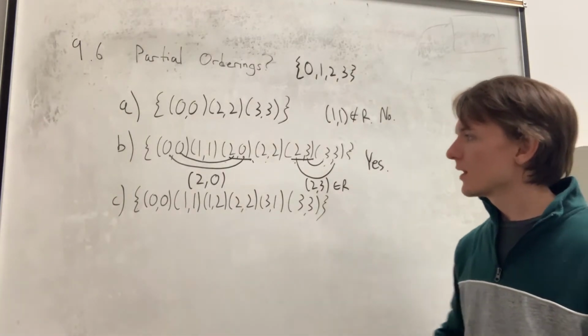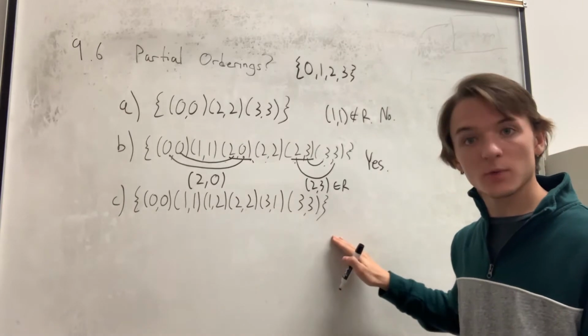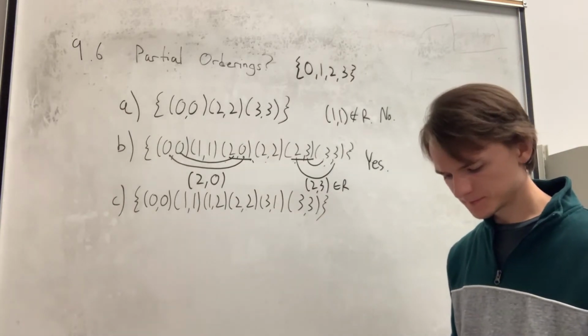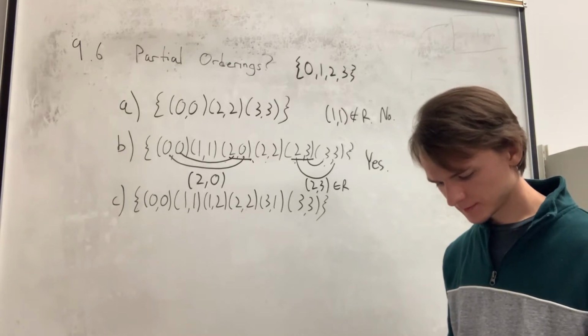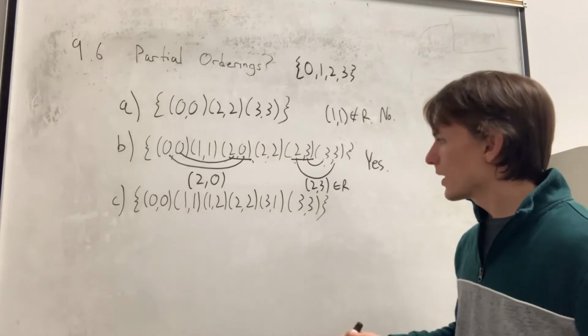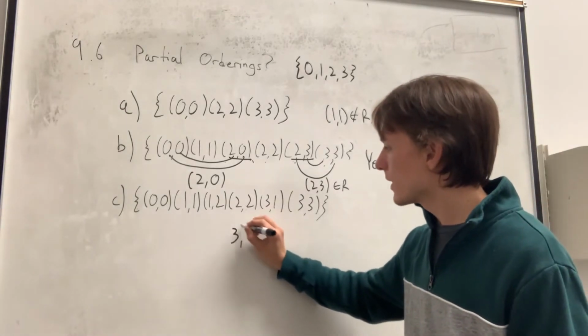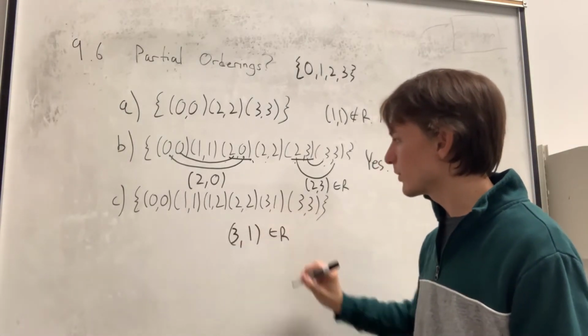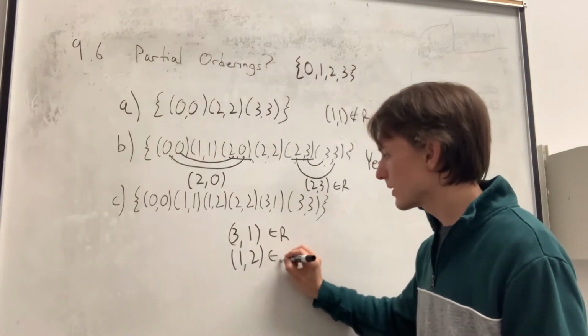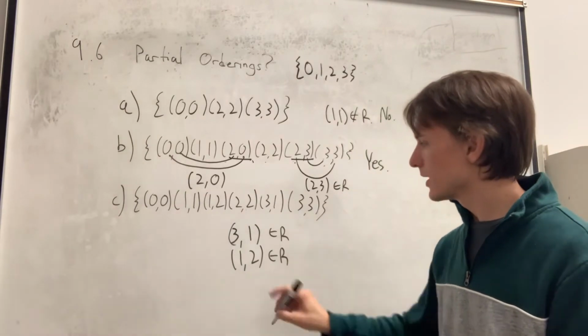Finally, C. We have the following relation with a bunch of pairs. Is this a partial ordering? Well, we have (3, 1) in our relationship. We have (1, 2) also in our relationship.